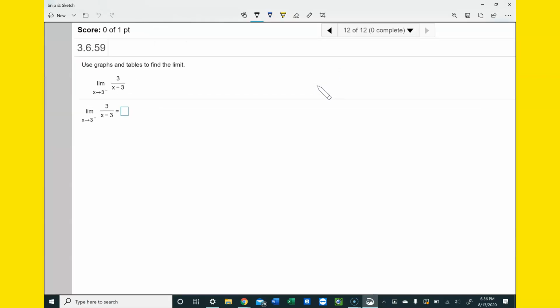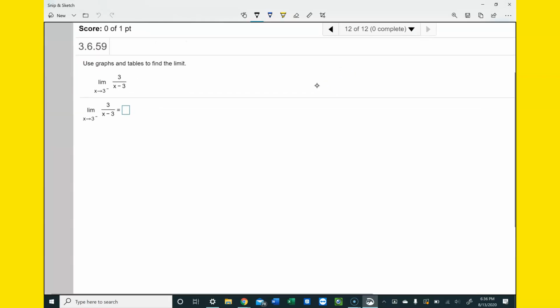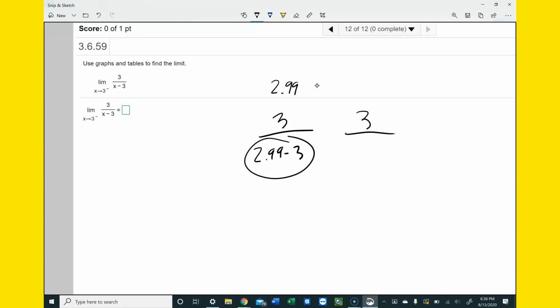We're approaching 3 from the left, so if I'm approaching 3 from the left, maybe I'd plug in 2.99 or something like that. So 3 over 2.99 minus 3. What's this going to result in? That's going to be a small negative number. So 3 over like negative 0.001 or something like that.